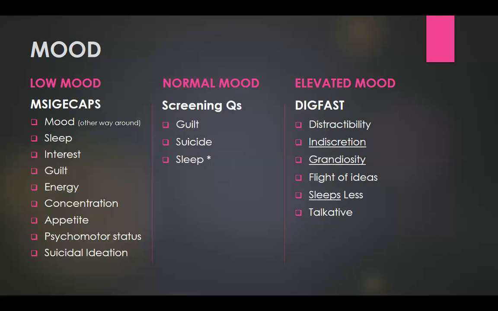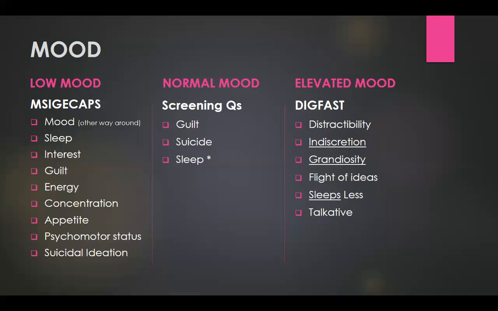Then we have the elevated mood. So we have to immediately think about the mnemonic DIG FAST, which is distractibility, indiscretion, grandiosity, flight of ideas, sleep is less, and being talkative. Most of the DIG FAST is what we observe in the patient, but the indiscretion we can ask: okay, so you've been feeling very energized, and you say that you've been feeling great lately.